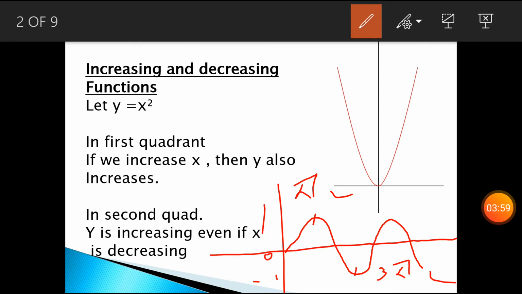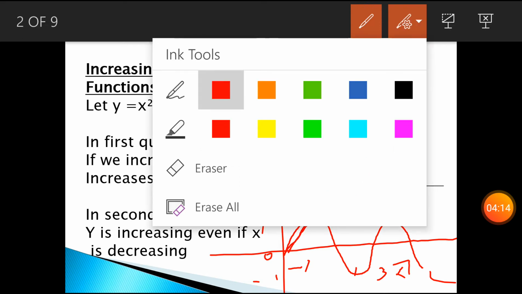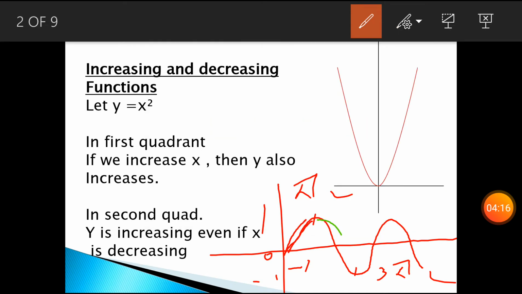If you see this graph, if we increase x from 0 to pi by 2, then what will happen? The graph is clearly increasing, y is increasing. But if we talk about pi by 2 to 3 pi by 2, then y is decreasing. So here it was increasing and here it is decreasing.